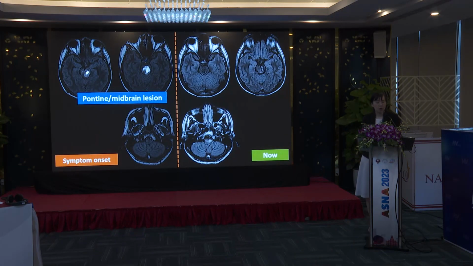This is the MRI of this patient, and this is the pontine hemorrhage at the onset of symptoms. But when the tremor starts, you can see the bleeding subside, but there is an increased intensity and hypertrophy of the contralateral inferior olive, which can explain the Holmes tremor and palatal tremor.